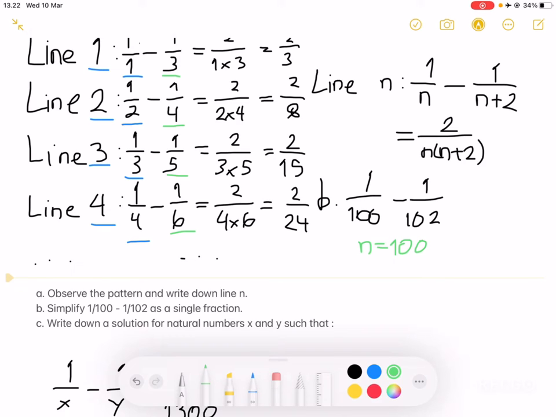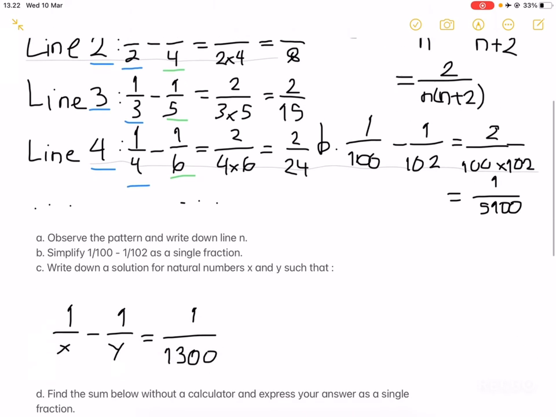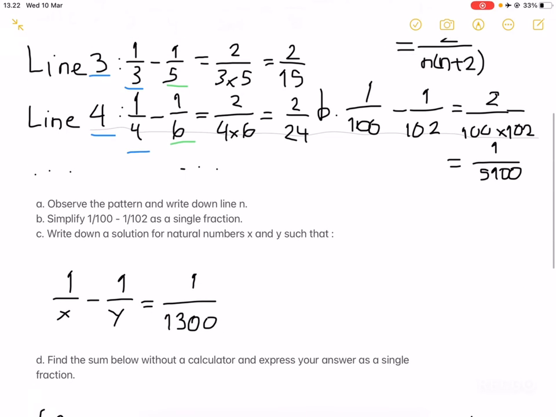So from here we can just substitute n equals 100 to this, and that will be 2 over 100 times 102, which will be 1 over 5,100. Let's see if I got it right. Yep, that is it. So the answer for this will be 1 over 5,100.